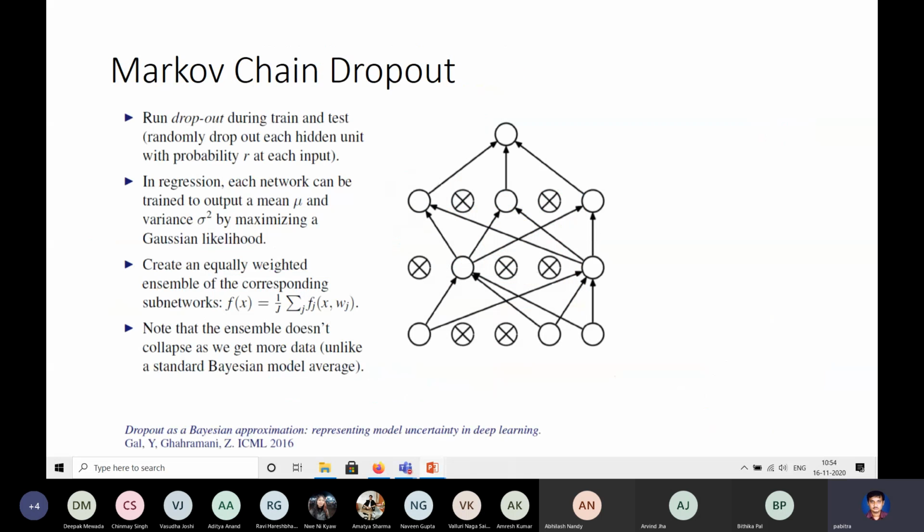A slightly alternate way of doing this, which is also very popular, was suggested by Zoubin Ghahramani. It's called Markov chain dropout. Dropout, as you know, in really large networks, you sometimes silence some of the nodes. In some iterations, some of the activations of the nodes are not computed; they are silenced.